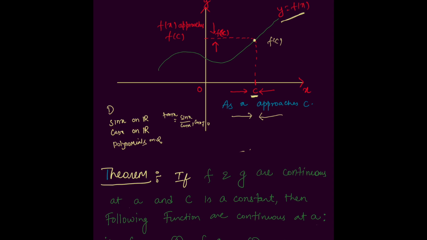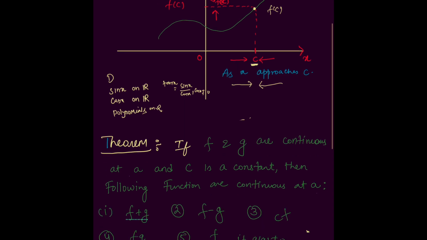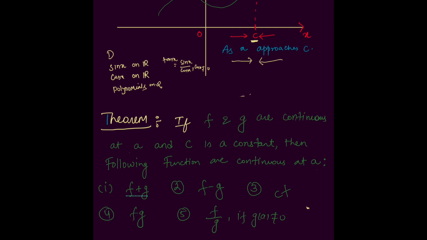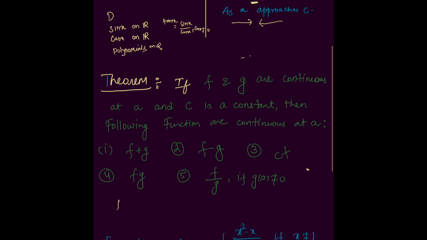Next is a very important theorem. If f and g are continuous at a point a and c is any constant, then the following functions are also continuous at the point a. The condition is that f and g are both continuous at the point a.